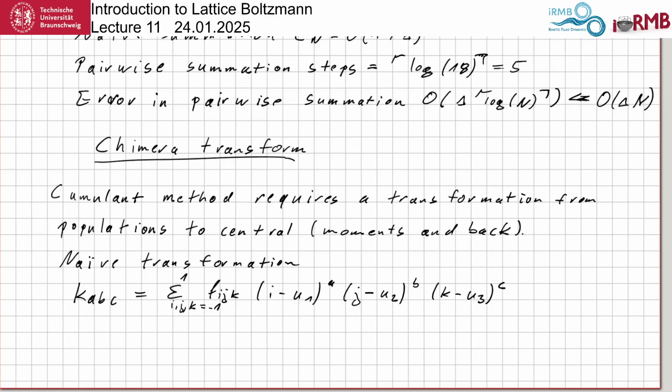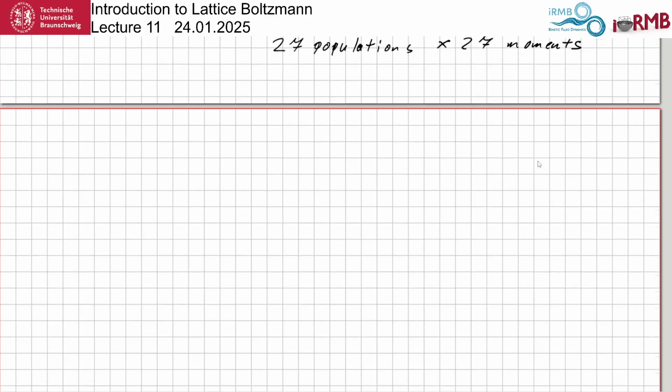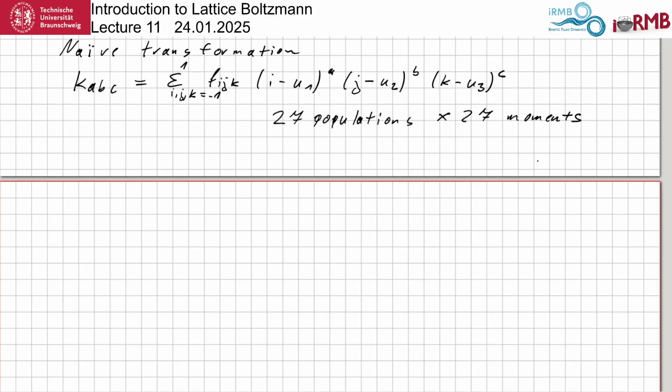So what you have to do, you have 27 populations all the time, and you want to have 27 moments, yeah? So these are 27 populations that you have to sum 27 times to 27 moments. And this happens actually to be the most expensive part of the entire method.